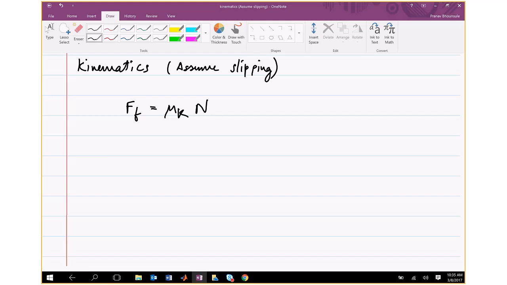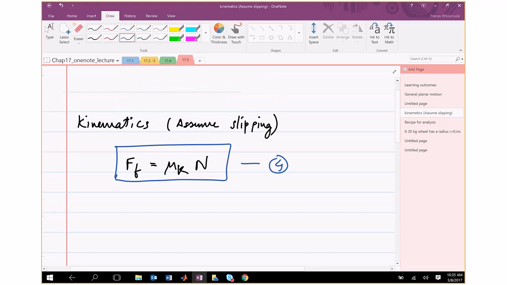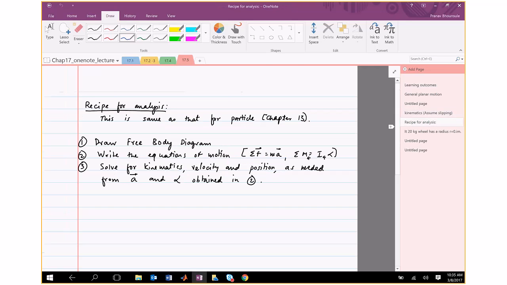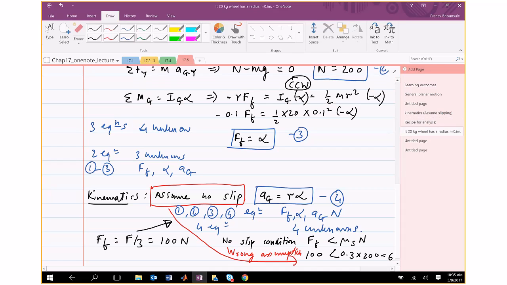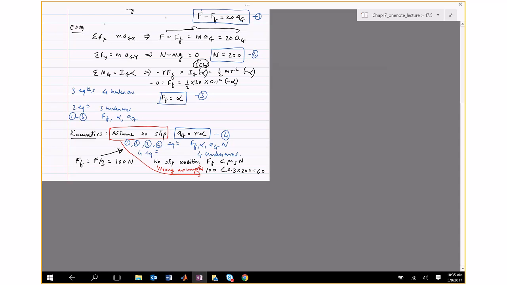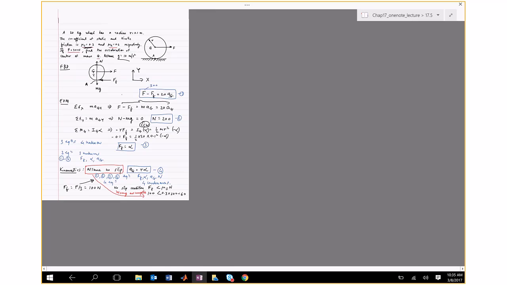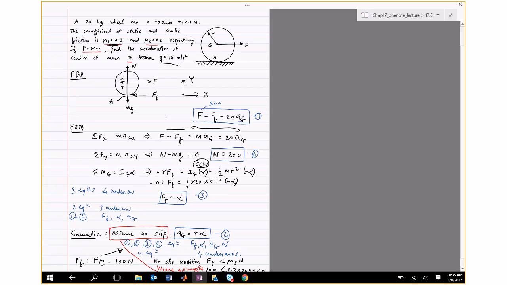So this thing now is my fourth equation. I would now use 1, 2, and 3. Equations 1, 2, and 3 are still valid.